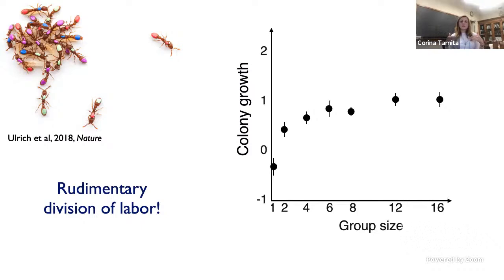But something does happen at around 8 individuals that starts to look like a rudimentary division of labor. And what becomes conserved is not the specific role of each ant, but the relative ranking within the colonies. So if I am more forager-like today than Israt, when we are 10 individuals, tomorrow I might do a little bit less foraging, and I might have to do a little bit more nursing because there's more demand for that.